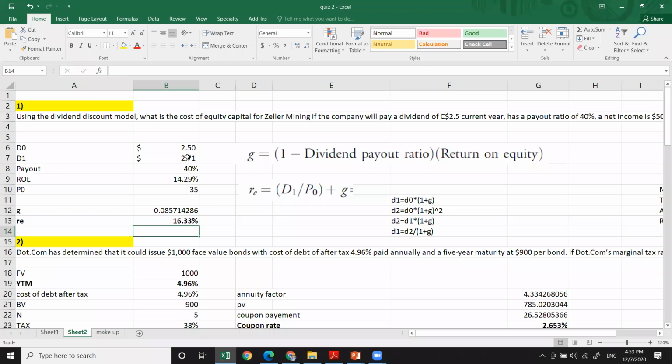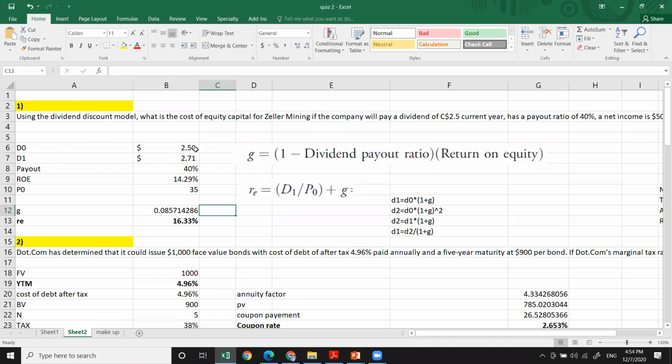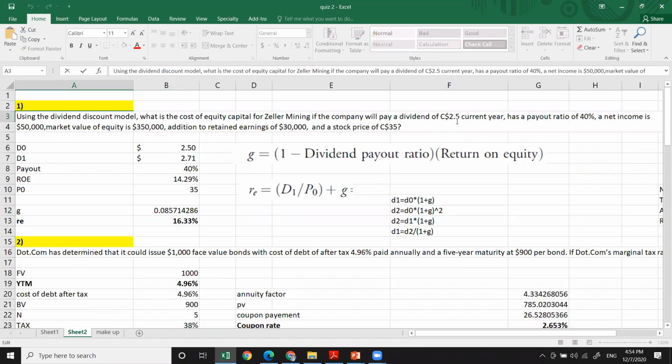I just changed it to the D1 because in some other questions I asked different questions. For somebody I gave the current year, for somebody I gave the next year dividend, this 2.5. I was just mixing up. I made it the next year's dividend, and if he copied, he did not realize that it was the next year's dividend. He just copied directly. But correctly for this question, the correct answer is this.